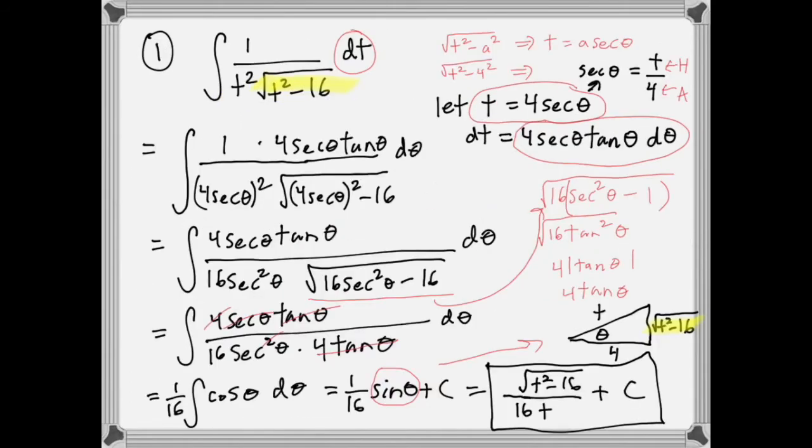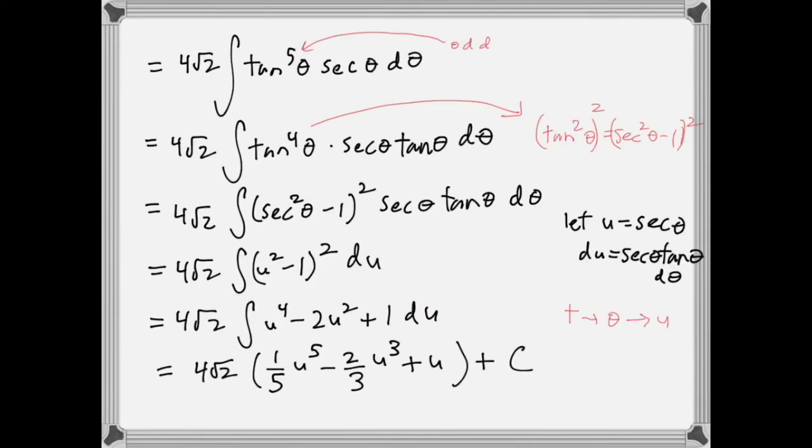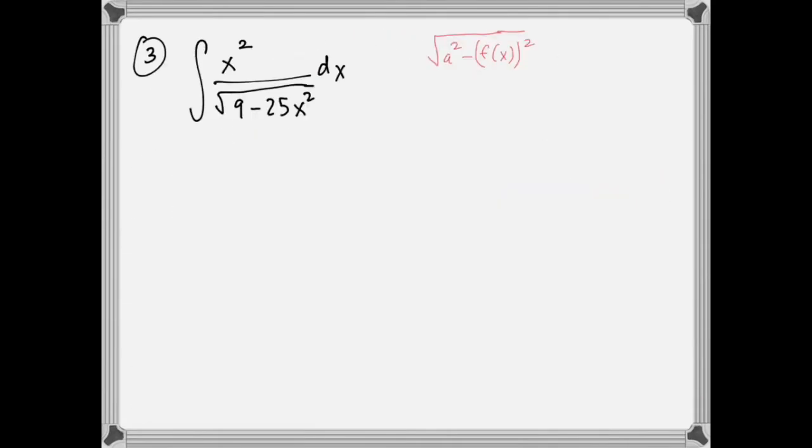So if we go back, we notice that we have the first case, don't we? It says that we're supposed to let f of x, it's the top case, right? We want to let f of x equal a sine theta. So if we come back to here, we know that f of x has to equal a sine theta, right? So what do we have here?